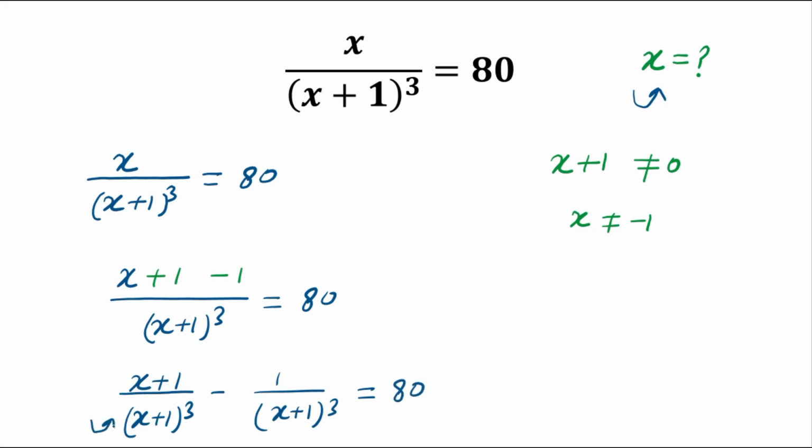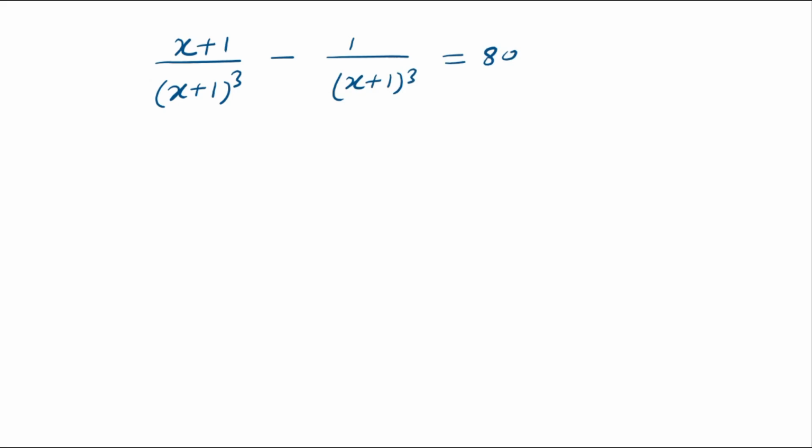Now we will write this expression on the next page: (x plus 1) over (x plus 1) whole cube minus 1 over (x plus 1) whole cube, and this is equal to 80.